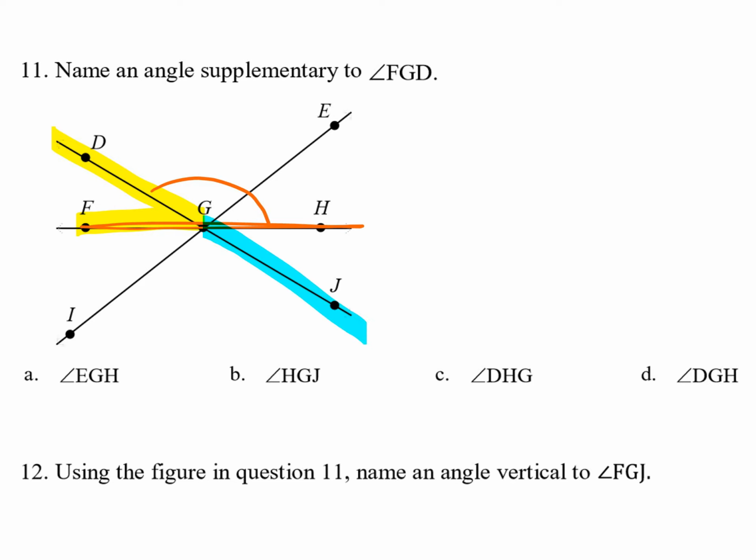So that angle would be here, if you can see that. Okay, so what are my choices? This angle is DGH. DGH is a choice. So the other one is probably not a choice. That would be FGJ. FGJ is not a choice. So we went with the red one. Okay?